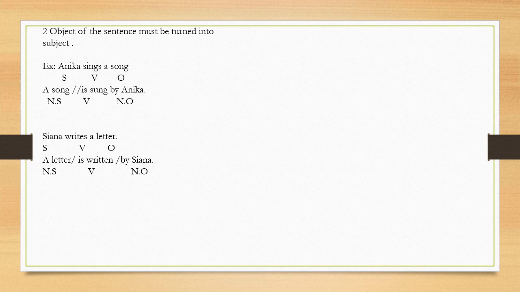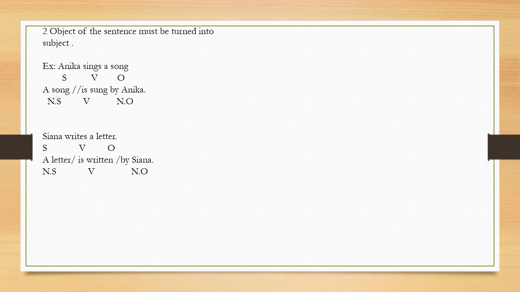Change the verb into participle form. Sings is in present tense. Sung is the past participle of the verb sing. So we have to use the participle form. Is sung by Annika. So what's the second rule? Object of the sentence must be turned into subject.